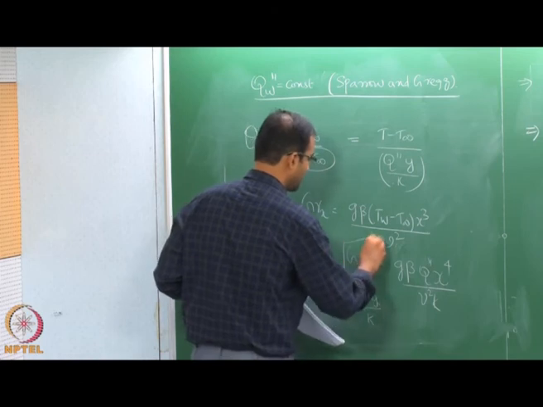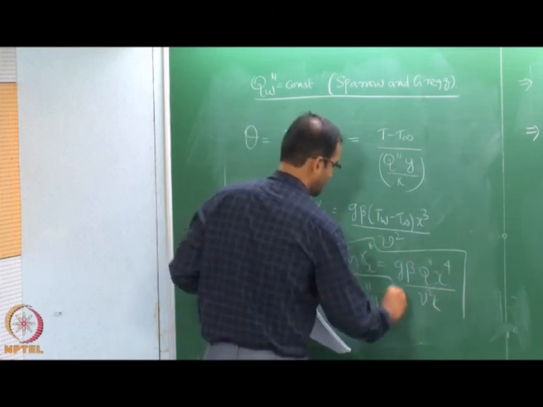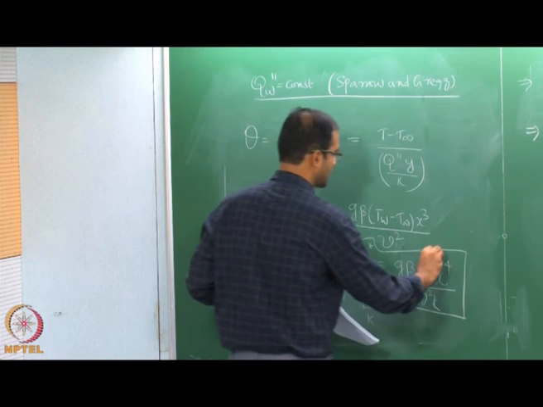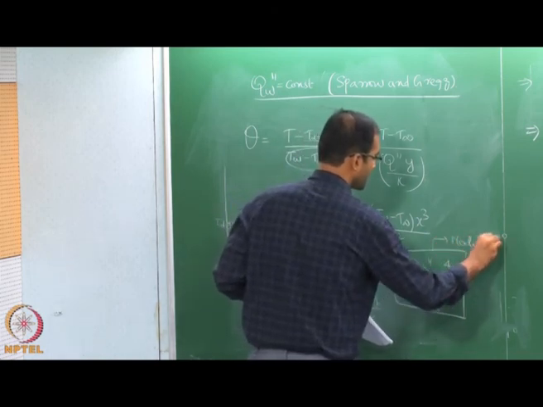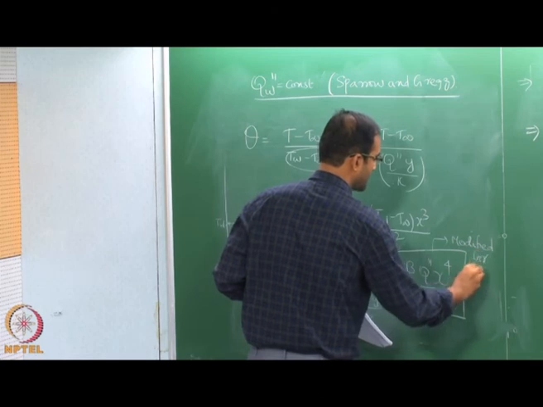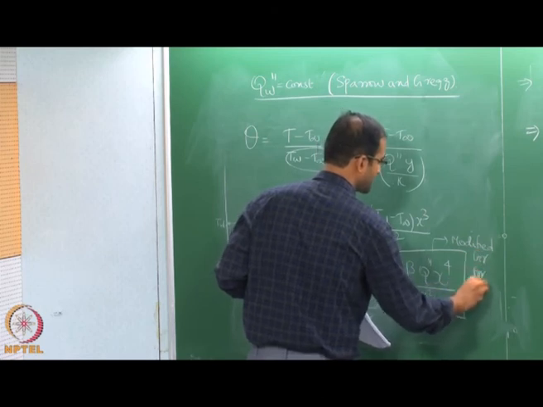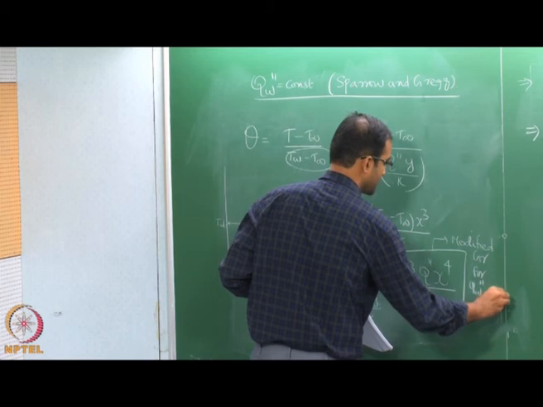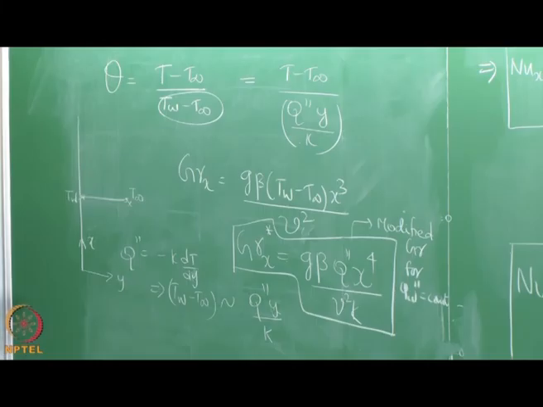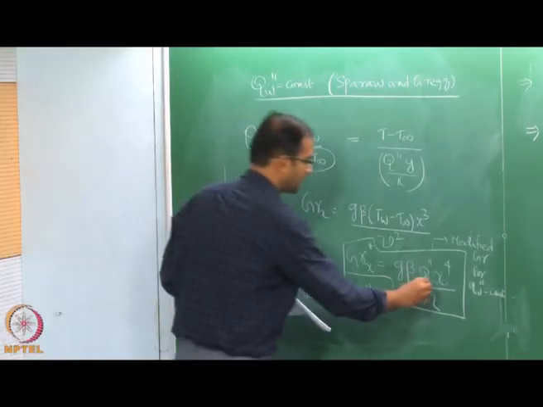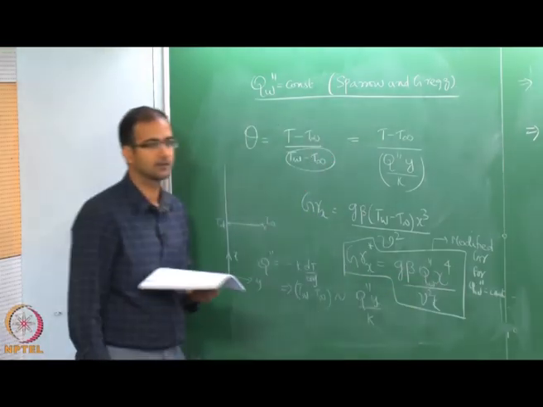This is called the modified Grashof number for constant wall heat flux boundary condition. So, we know what is the wall heat flux.